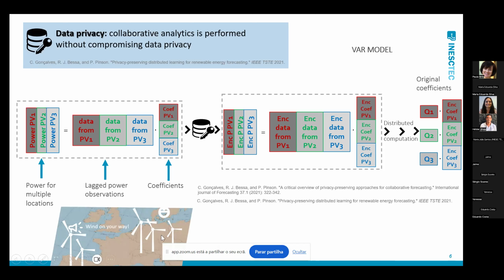But in the scenario that I described, the left ones will just help the right ones to improve their models, but they have no benefit with that. So why should the left wind turbines help these ones if they are not having any benefit with that?